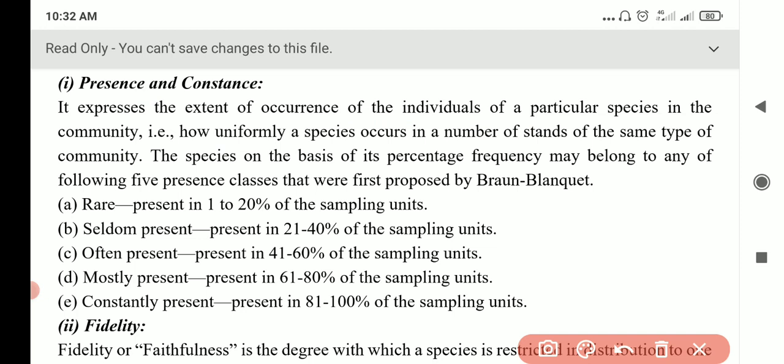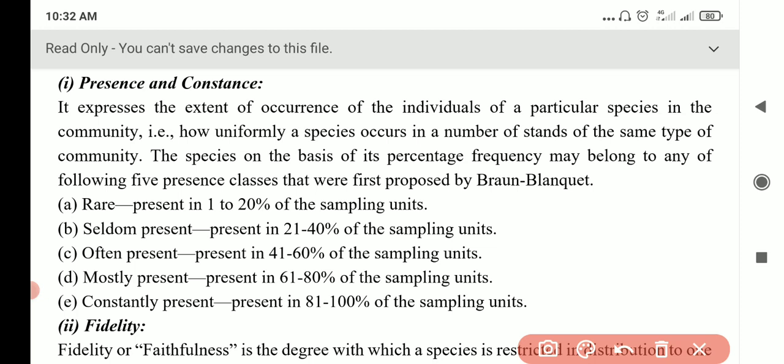the class. Like in the classroom, you have zoology honors, botany honors, and chemistry honors. So if you look at botany honors, the girls who attend the botany class will be many, lots. So they are mostly present or constantly present. Then zoology also, they have, because it's compulsory for them.